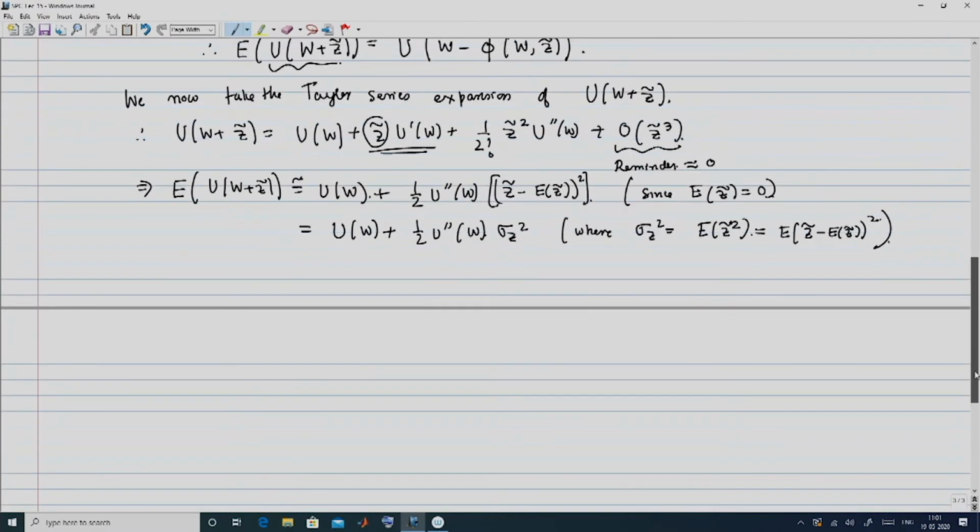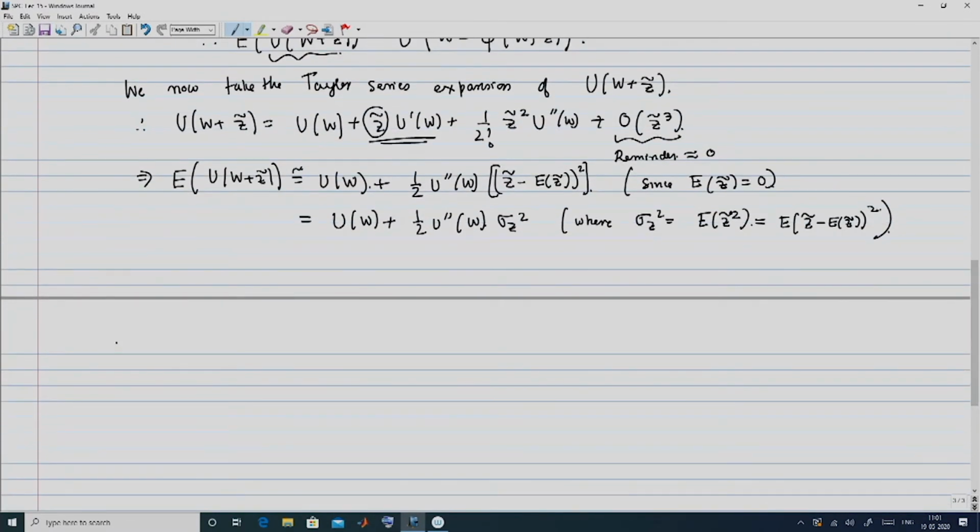All right. So, now we have taken this Taylor series expansion of the left hand side term.